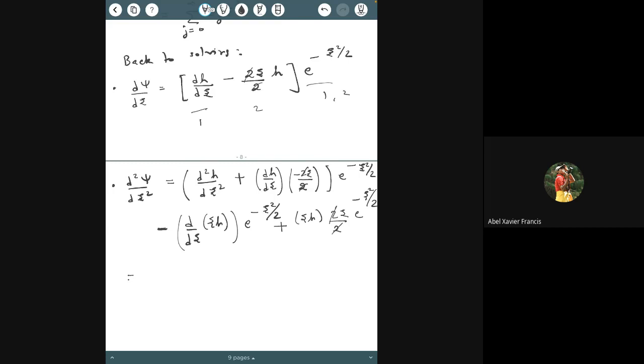That is equal to d squared h d psi squared minus dh d psi to the power minus ξ squared by 2, minus d d psi. So I have h, and then I have another minus of psi square h multiplied with 2 minus psi squared by 2. Okay.